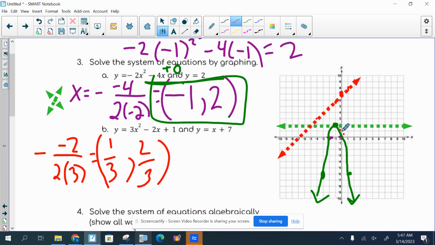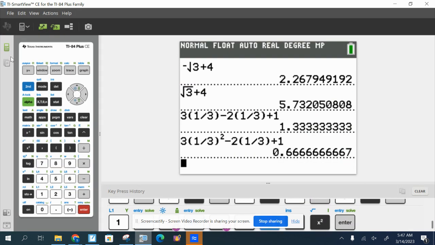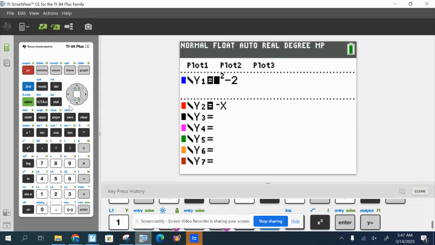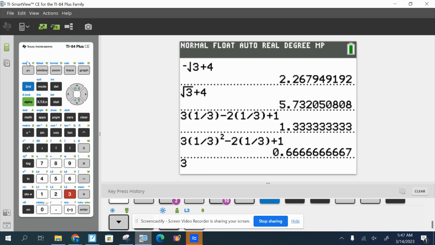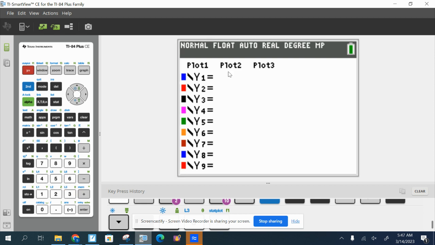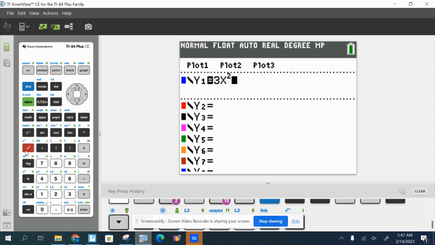The y-intercept is 1. And honestly, I'm going to look at my table in this because I want to figure out the points to plot. I'll try to make the one on the quiz so that it won't be a fraction. So 3x squared minus 2x plus 1.